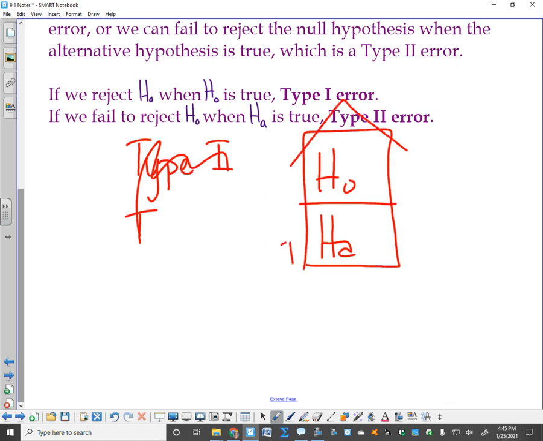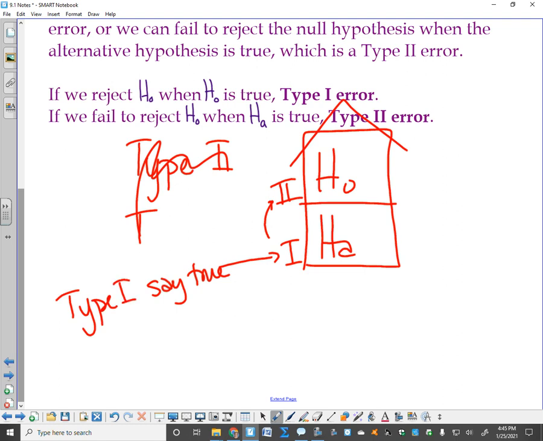This is floor number 1, and this is floor number 2. Okay, a type 1 error is when you go with this. You say this is true, but really this is true. That's a type 1 error.